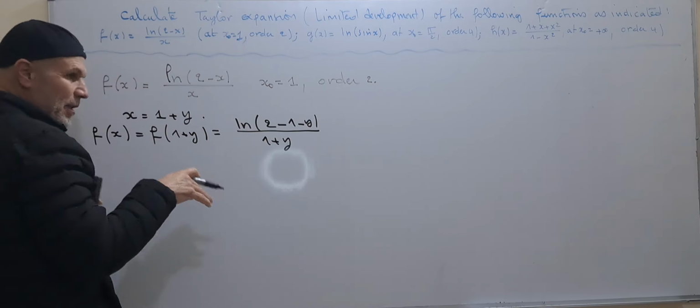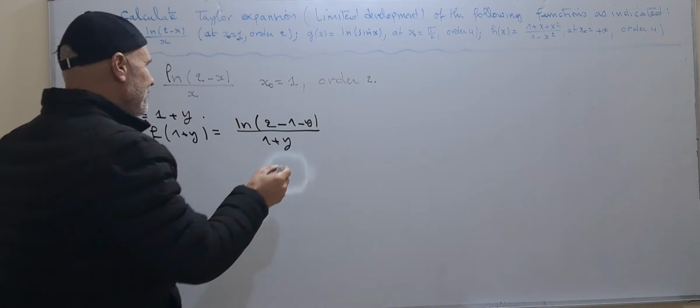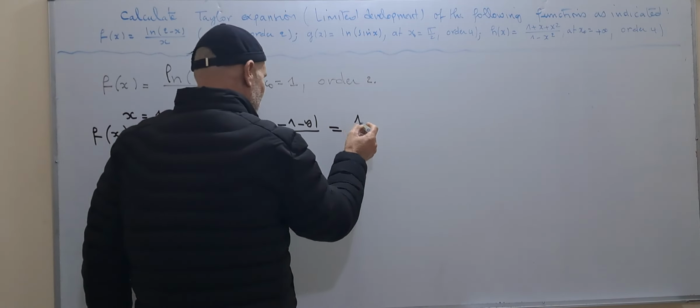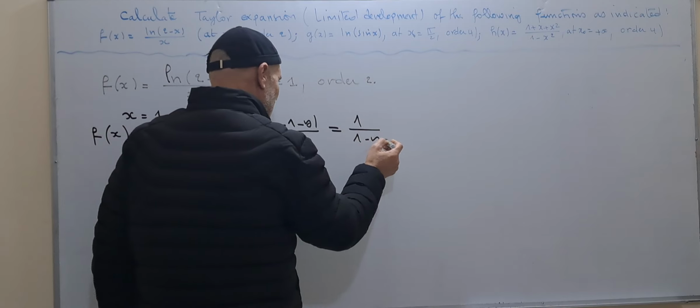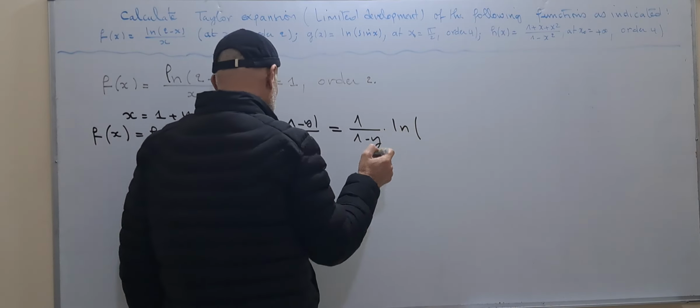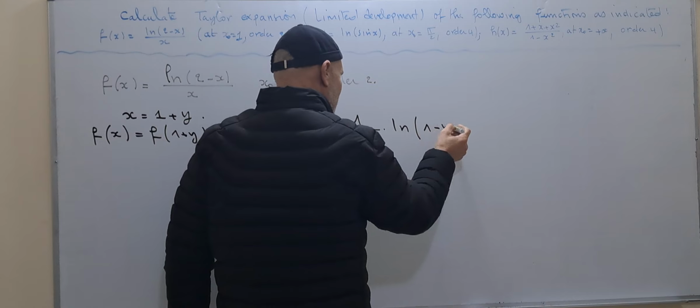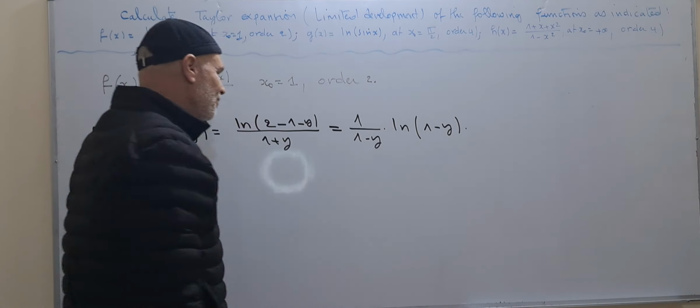Y is near 0, and this is equal to 1 over 1 plus y times ln(1 minus y), near 0.